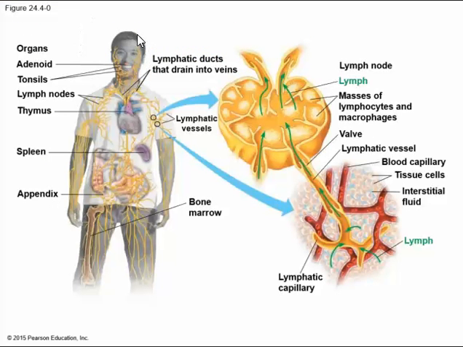Examples of lymphatic organs are tonsils and adenoids, thymus, spleen, and also MALT, mucosa-associated lymphatic tissue. That's found in the tonsils, in your digestive tract, and other parts of the body.